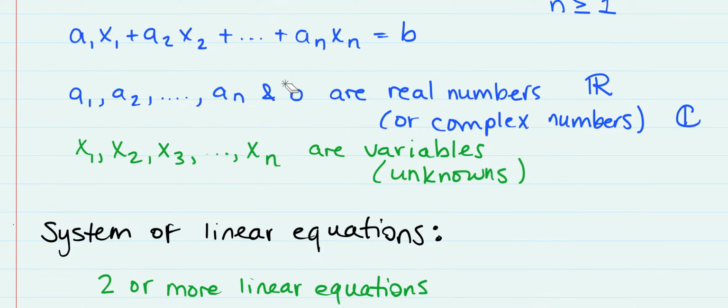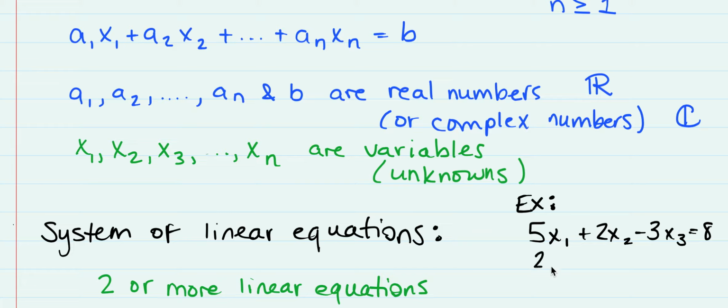What is a system of linear equations? A system is just two or more linear equations. So a quick example: 5x sub 1 plus 2x sub 2 minus 3x sub 3 is 8. That is a linear equation, where here n is 3.